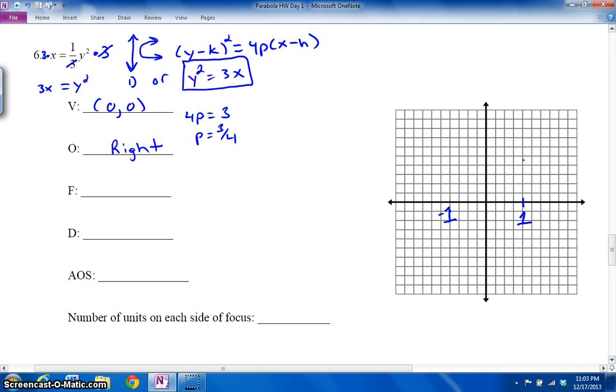Okay, so again, vertex, then 3/4 will be here. 3/4 the other way will be 3 units over. So this will make it a little easier to see.